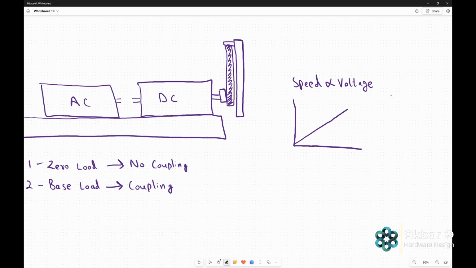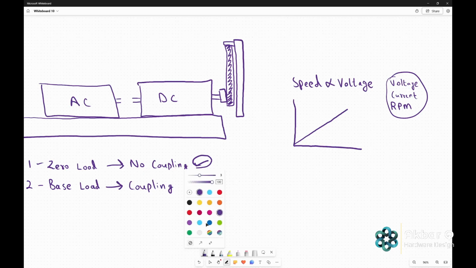We measure the voltage that we have to apply, how much current it draws, and what RPM it is running at. We can use data such as this to characterize the motor in two states. One of them is the zero load state, one of them is the base load state. For the base load state, we have to connect the motor using a coupler, so the base load state has the coupler connected to it.